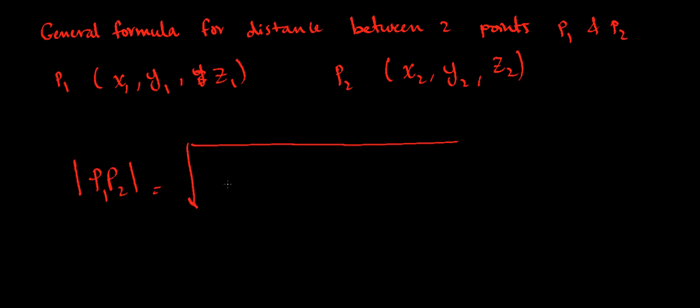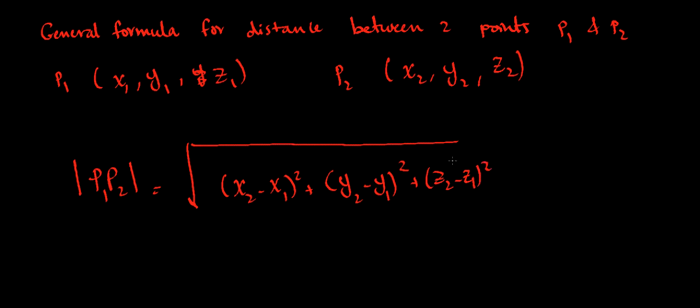Here's the formula. It's the difference in the x coordinates squared plus the difference in the y coordinates squared plus the difference in the z coordinates squared, all under a square root. And this is the general formula.